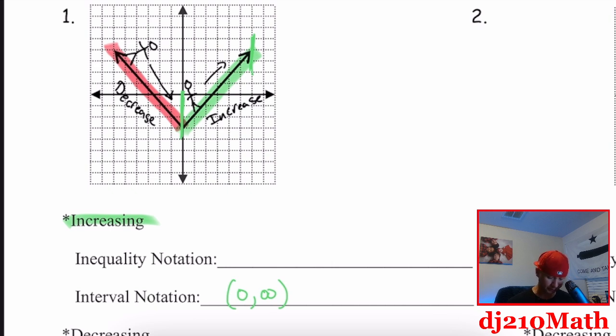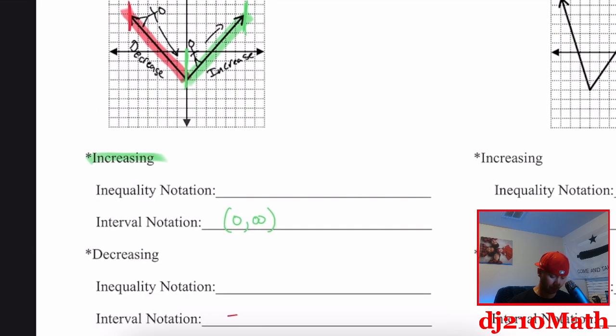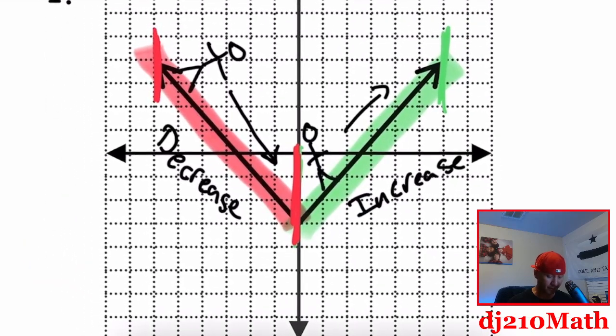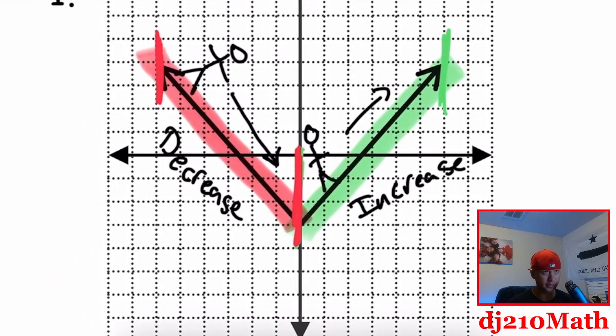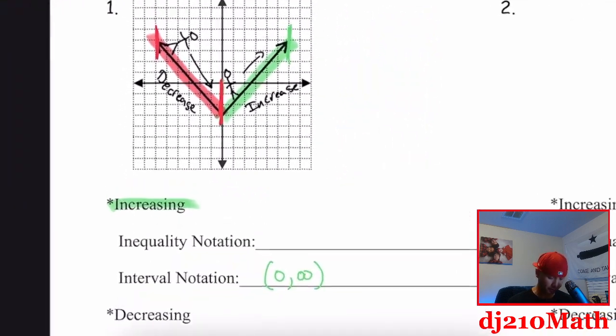Decreasing is coming from negative infinity up to 0. It's downhill on that section. Negative infinity to 0, and then 0 to infinity is the increasing. All right, so that's the intervals.